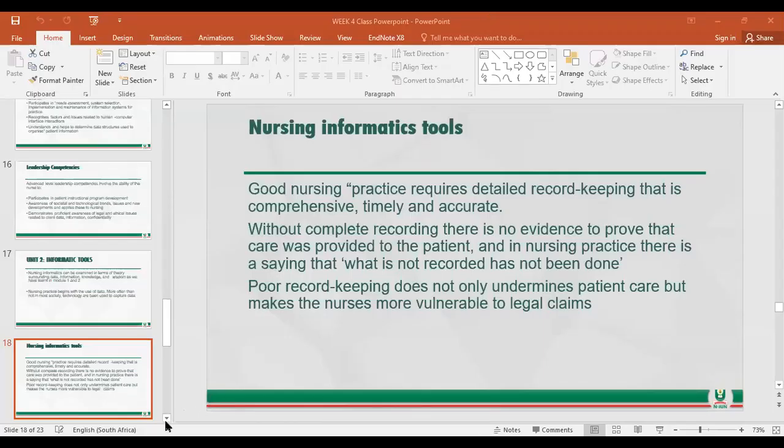It also helps to show the respect that we have for the patients, because when a patient is able to know and understand that everything that is being done is being documented, it means that nothing can be denied. So we looked at these tools. We are going to look at these tools now. What are the various tools that are used in getting our data recorded accurately and documented?